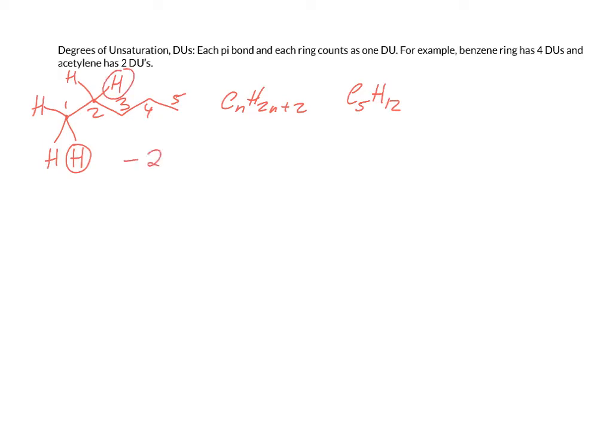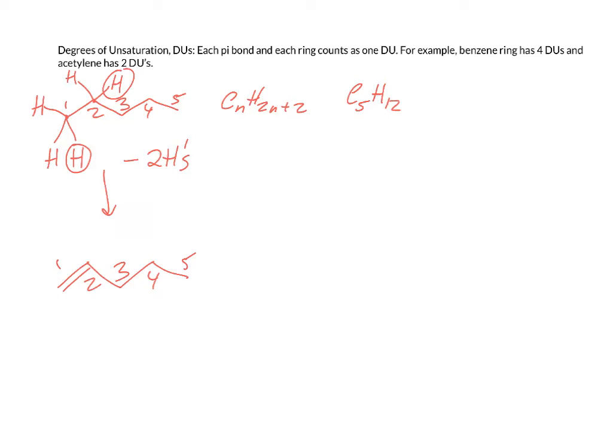So minus 2 hydrogen atoms, I will have pentene, which compared to the saturated alkane analog has 2 fewer hydrogen atoms.